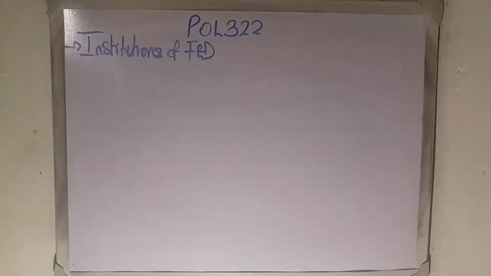With this being said, let's hop straight into today's class. According to the thumbnail, it says Institutions of Federalism. So very quickly, I'm going to be going through those institutions that make federalism work, institutions put in place deliberately to ensure federalism becomes a success.